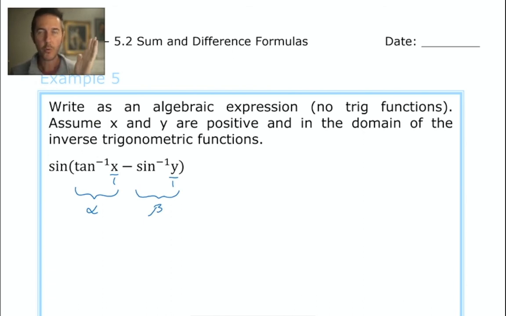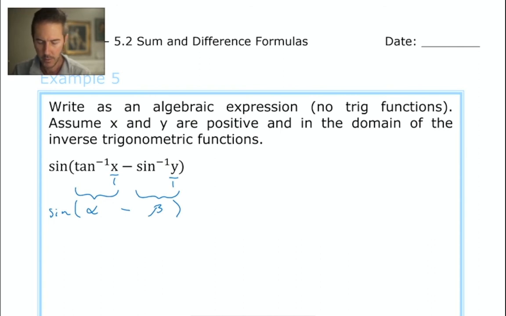I see one more referencing back to page 1 so that I can find out what the right-hand side of this thing is going to look like. Okay, so we've got the sine of alpha minus beta. Let's draw a diagram of alpha and beta, much like we did in the previous series of problems with part A, B, and C.